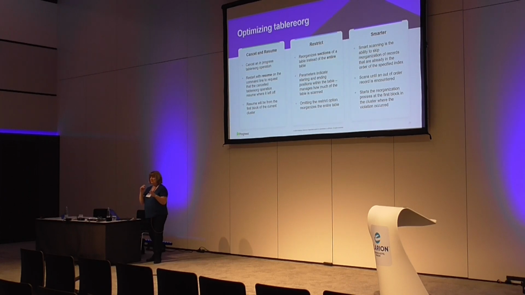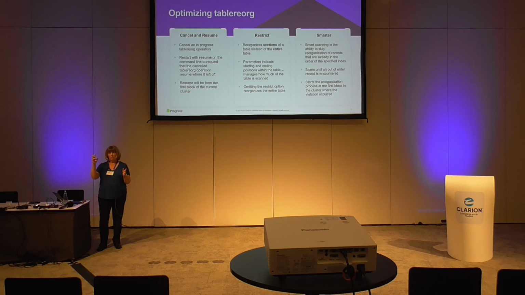So the smart scanning will start and go, and it'll look and say, do we need to do that reorg activity right now, or do I just hop over this? And it'll proceed up until the point where it sees an area that does need to be reorganized, and that's when it will start doing the reorg activity. What this does is it improves your performance a bit if your data is in this kind of pattern.